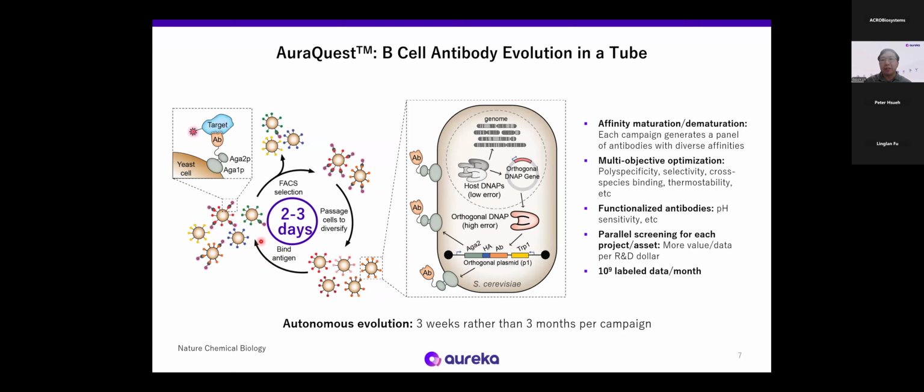So this basically facilitates the maturation process of natural selection. At the end, we are able to achieve a way faster turnover rate: you're looking at 3 weeks of work instead of 3 months or even more. This really facilitates the process in a short amount of time, and you also generate a very vast amount of data to train AI.